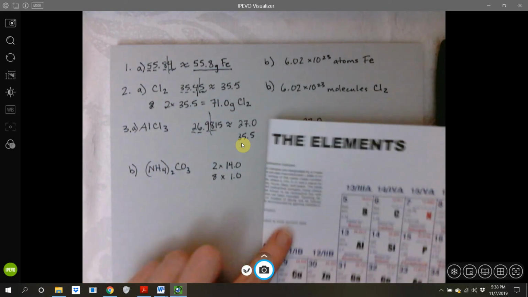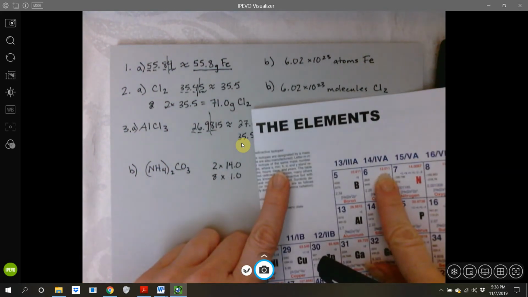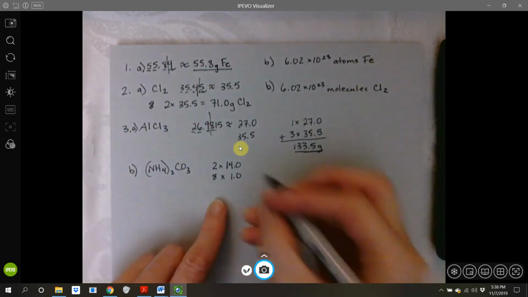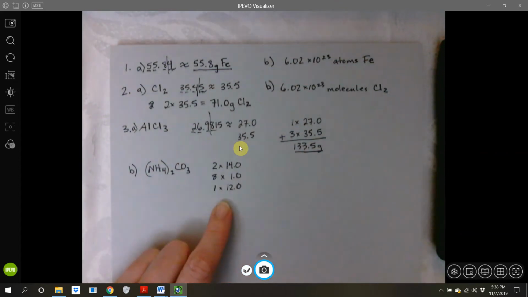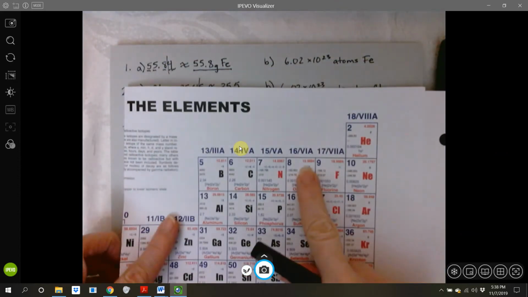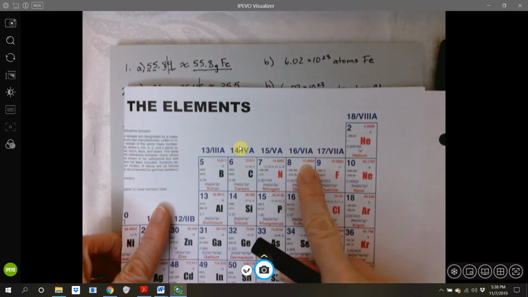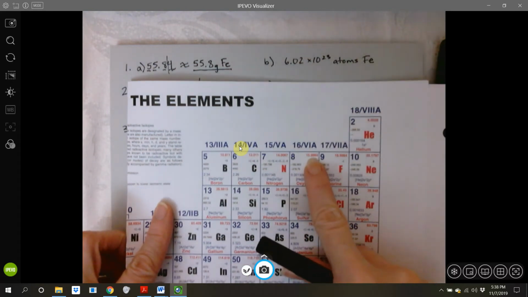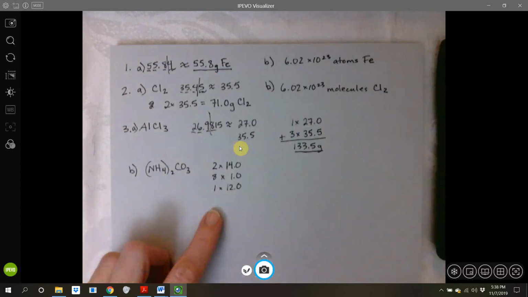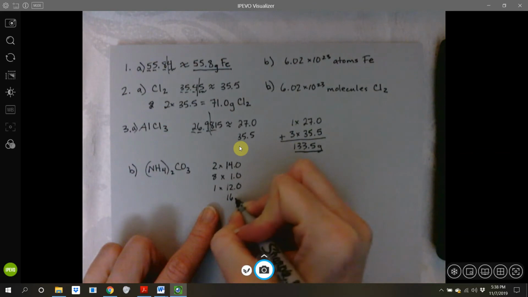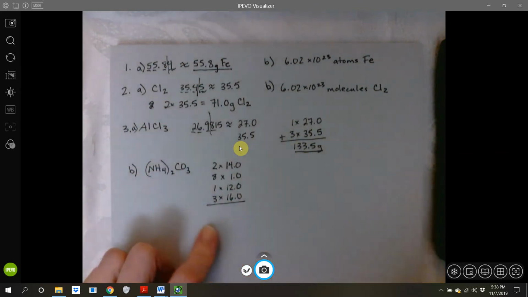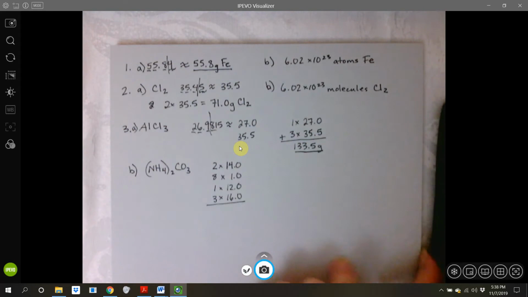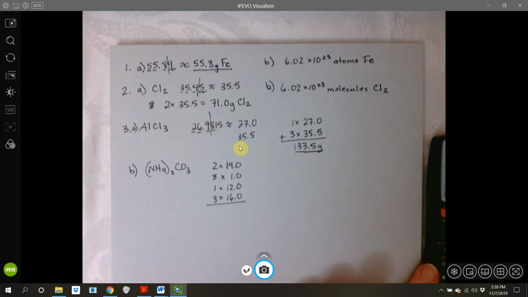Carbon from your periodic table is 12.0, there's 1 of them. And oxygen, here it's 15.999, and we're rounding up, so we get 16.0 for oxygen. And there's 3 of them. Okay, so to come up with your answer, you'll have to add all of those.